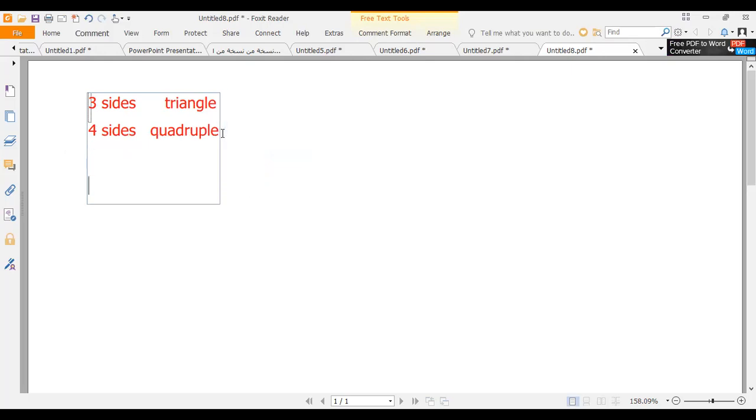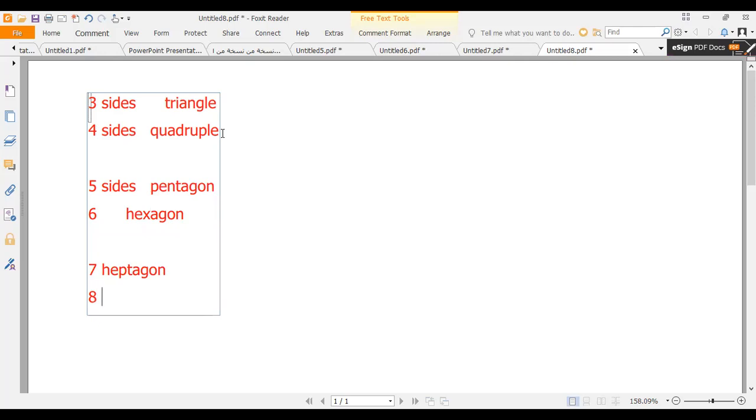And if you have 5 sides, this is called a pentagon, okay? 6 will be a hexagon. And 7 will be a heptagon. 8 will be an octagon. 9 will be a nonagon. 10 will be a decagon.